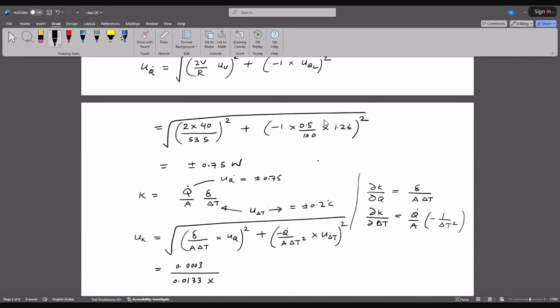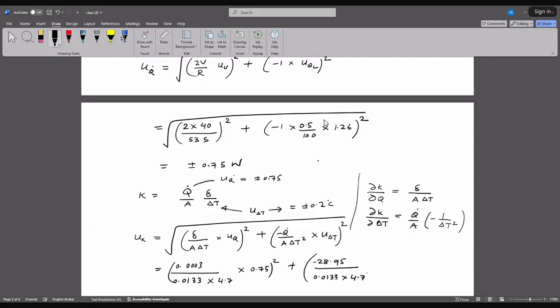Delta T is given as 4.7 degrees. The uncertainty in Q is 0.75. Q dot is 28.95, and A is 0.0133.